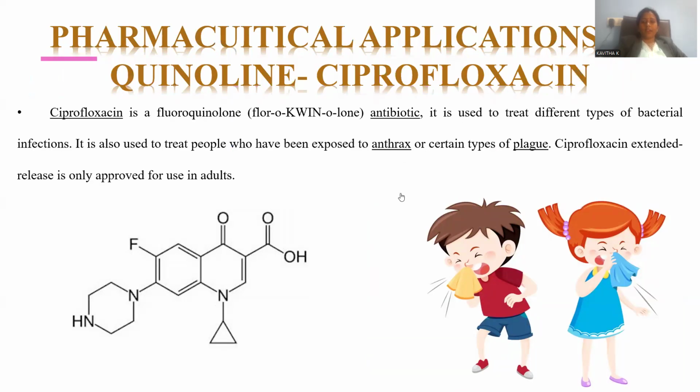Ciprofloxacin is the kind of antibiotic we already went through, and this is the skeleton where quinoline is taken as the core moiety, with a nitrogen-containing diaza six-membered ring system, and the cyclopropyl ring located upon the nitrogen as an alkylation.